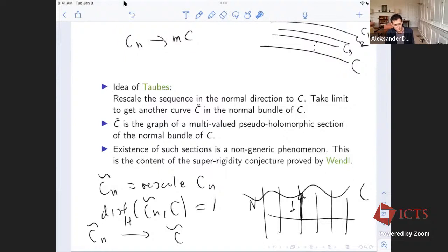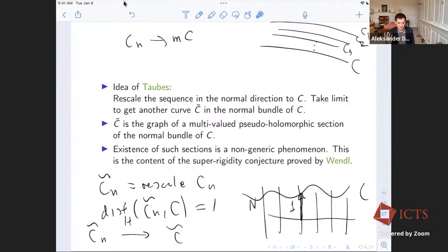Now you think about the meaning of this PDE. It's something like an infinitesimal deformation of a multiple cover of C, from the viewpoint of the deformation theory of pseudo-holomorphic maps. Looking at the PDE, you see that its index is negative, so you don't expect to have any solutions generically.